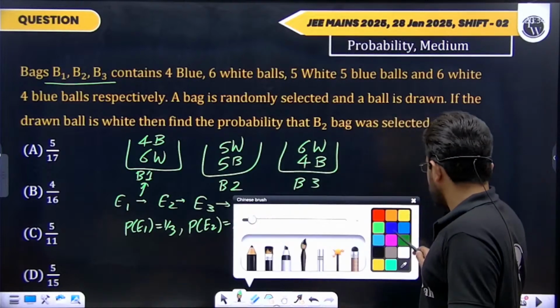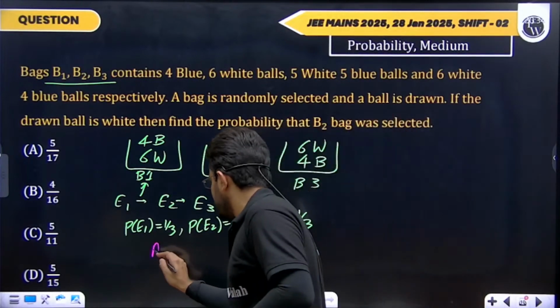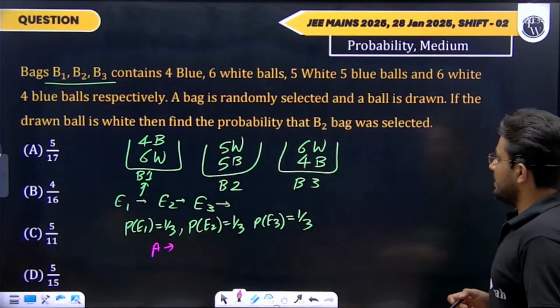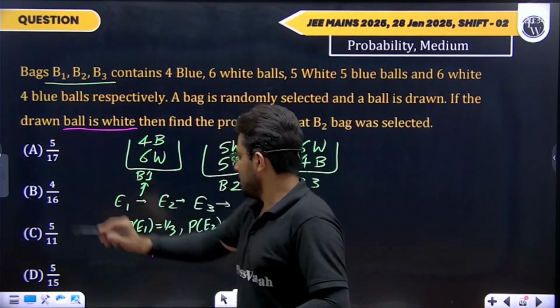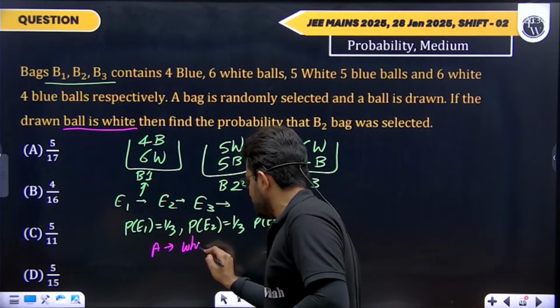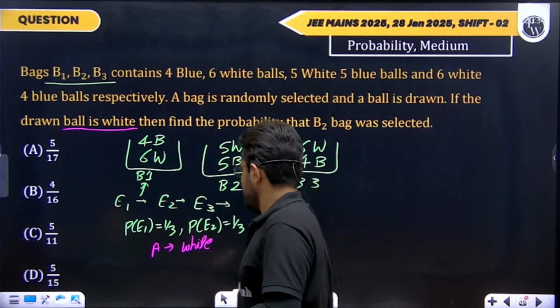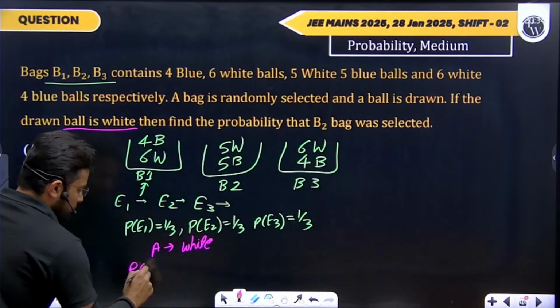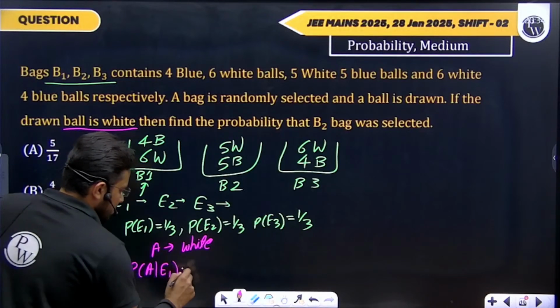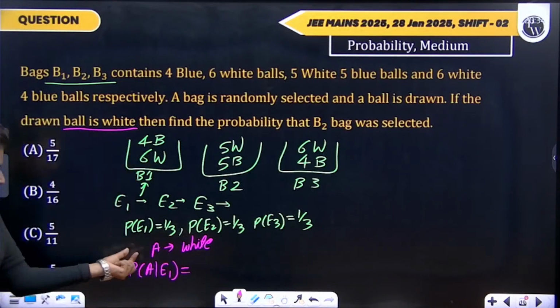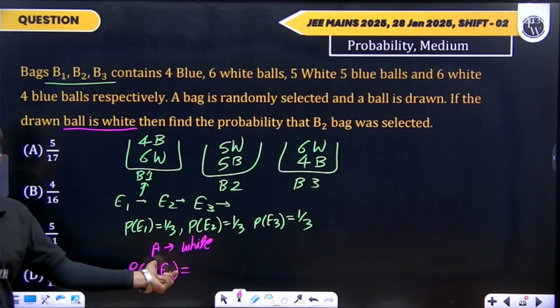Now we take the event A. Event A will be selecting a white ball. Then we have to calculate P of A given E1. P of A given E1 means probability of A when E1 has already occurred.